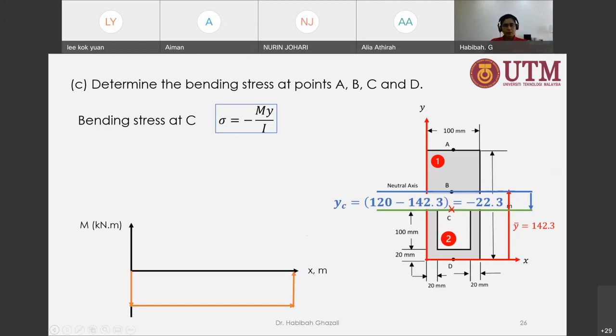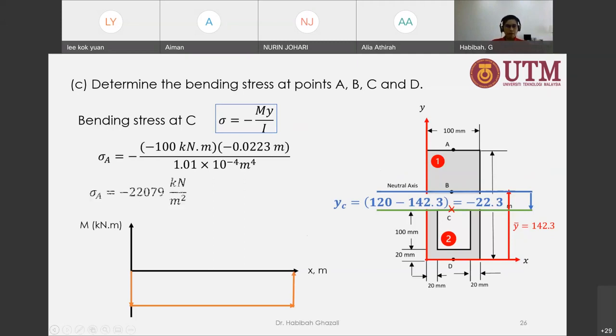We've already established negative 100 kilonewton meter from the beginning of the beam towards the end of the beam. It's all going to be constant negative 100. So I plug in my numbers.